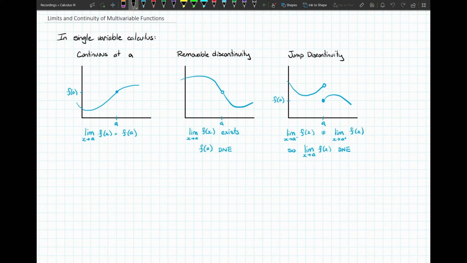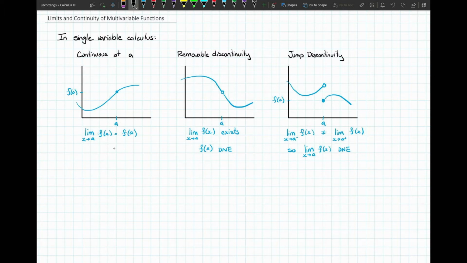Now we do have a couple different forms of discontinuities as well. We have a removable discontinuity, and that would mean the limit of f of x exists as x approaches a. So from the left and from the right, we end up with the same value for each of those one-sided limits. But a removable discontinuity is when f of a doesn't exist.